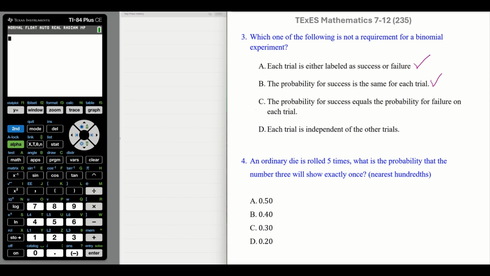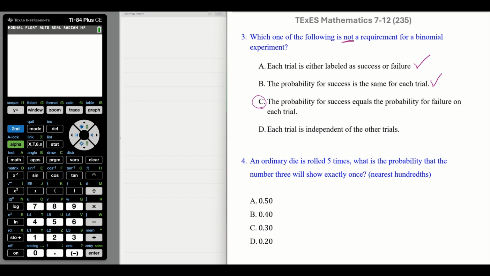Let's think about this. If you're rolling a die and you want a 6, then that would be considered a success. All the rest, because getting a number 6 on a die is 1 out of 6. Everything else is 5 out of 6. So I'm saying that this, because we're looking at not a requirement.